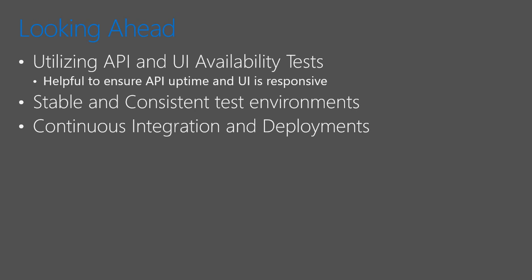Stable and consistent test environments. We talked about different browser versions, talking about different dependencies we may have for our services. Being able to test on a stable environment could be like, okay, I'm running a particular tagged version of a container that has a subset of services and products and so on that are living on it.